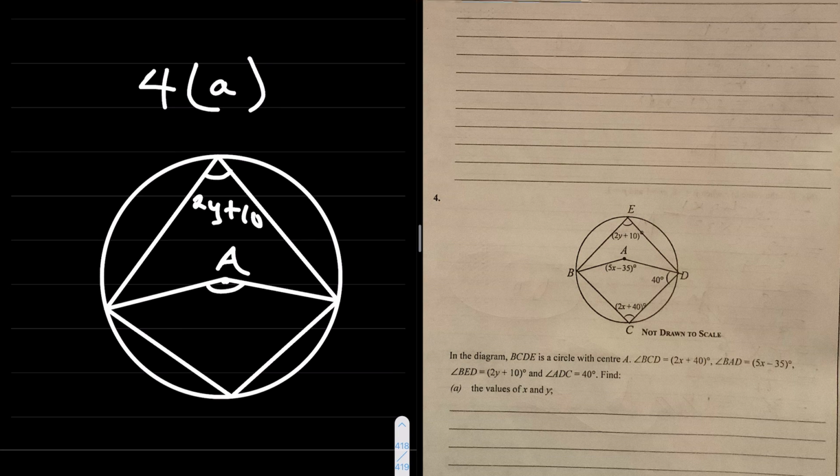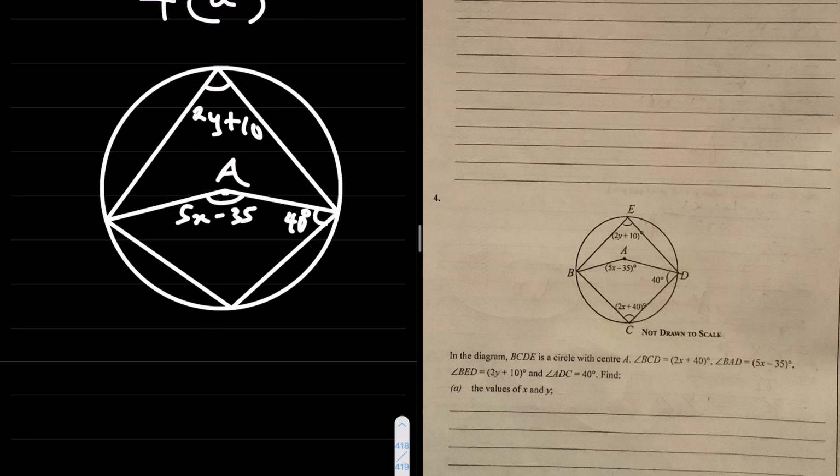This angle is 5x minus 35. This one is 40 degrees. And this one is 2x plus 40.